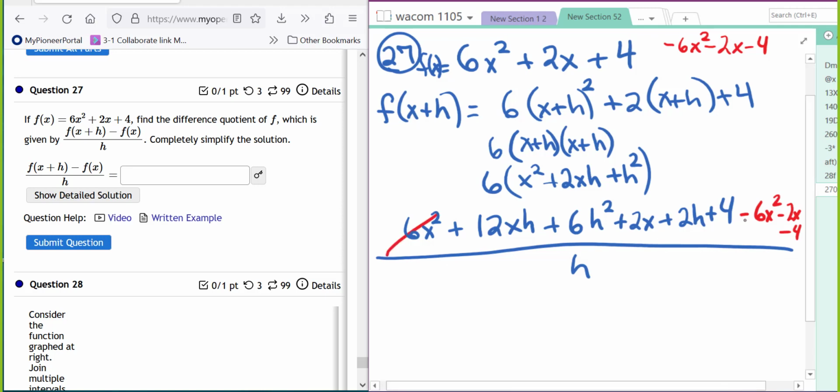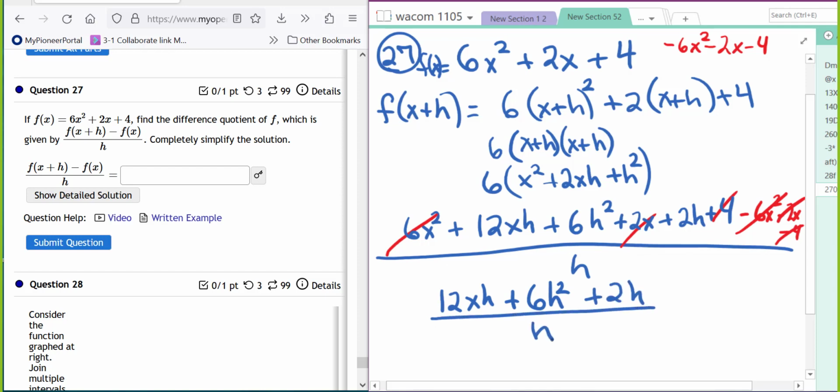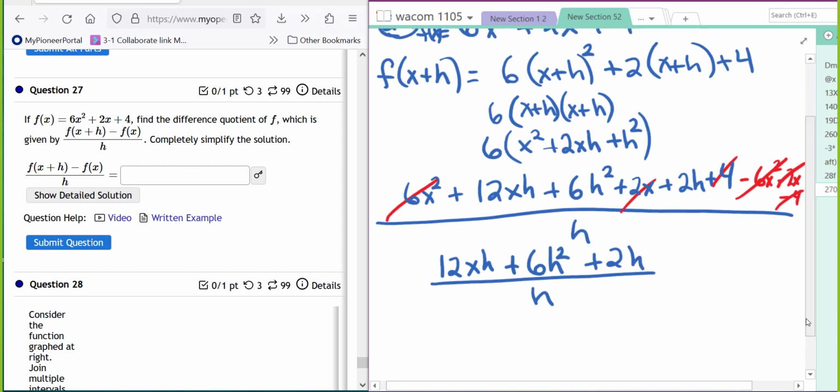All right, so now we'll see what all cancels. So our 6x squared cancels. Our 4 and our negative 4 cancels. Our 2x and our negative 2x cancels. And that looks like all. So what we have left, we have 12xh plus 6h squared plus 2h all over h. Now you have a choice here. You could factor the h out of the numerator, or you can see that you have it in every single term.